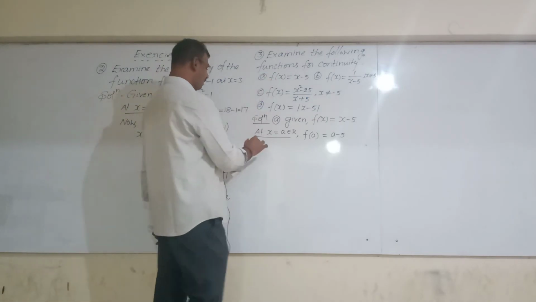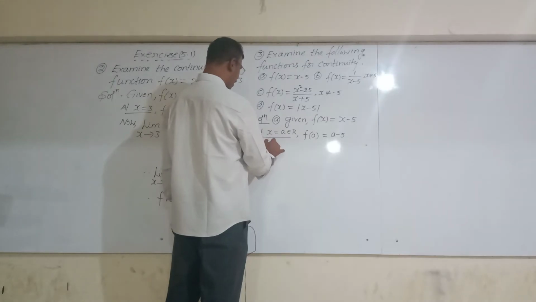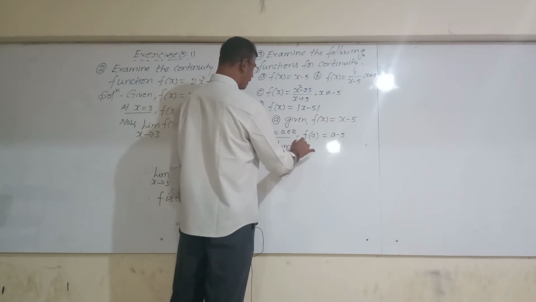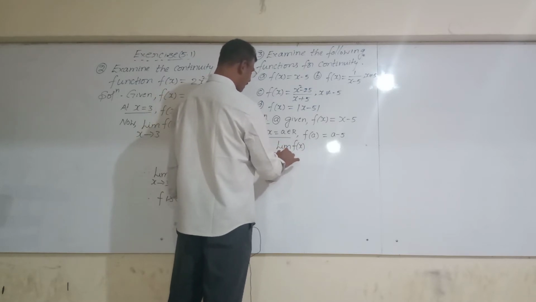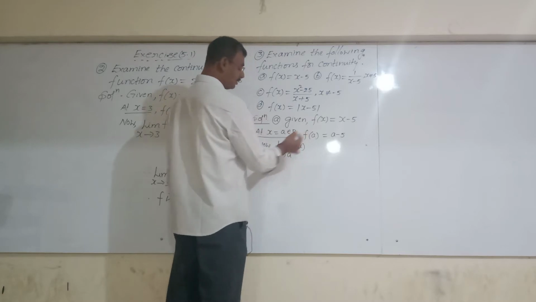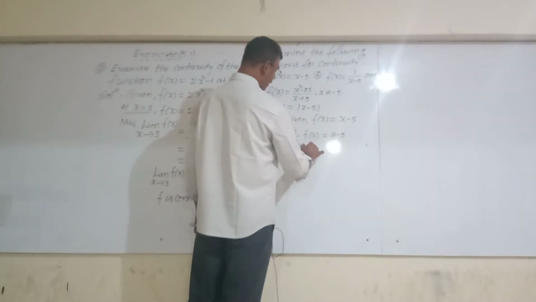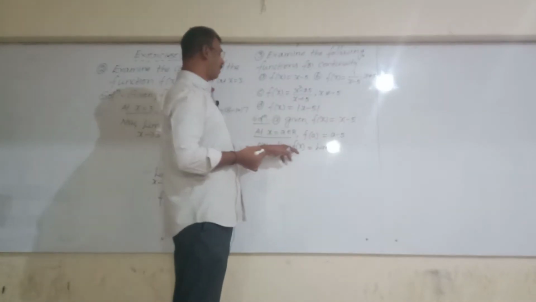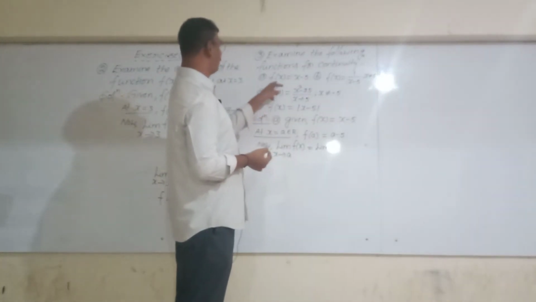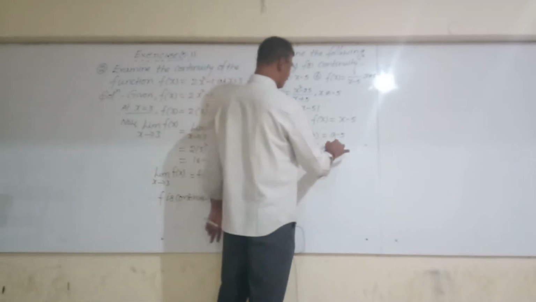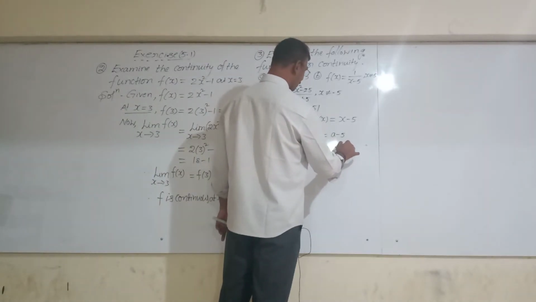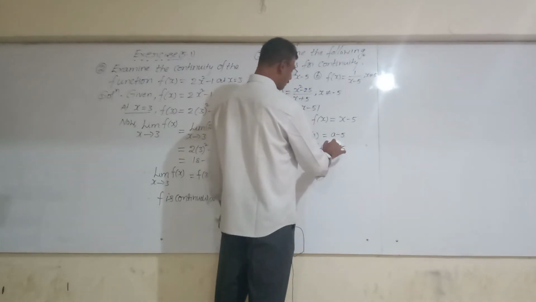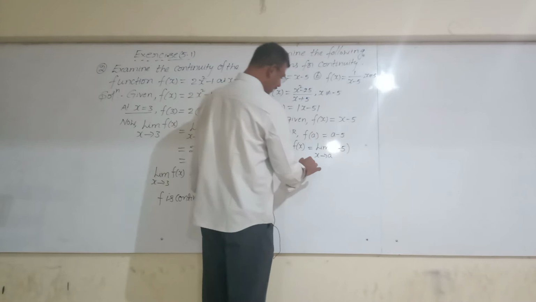And also find the limit value. Now the limit of f of x as x approaches a equals the limit of x minus 5 as x approaches a. Apply the limit.